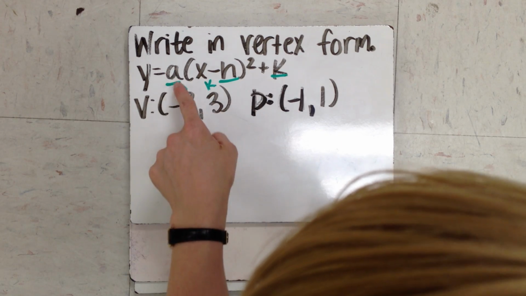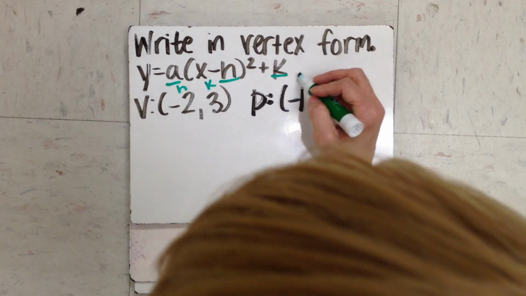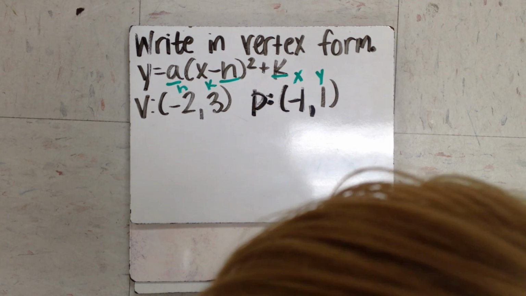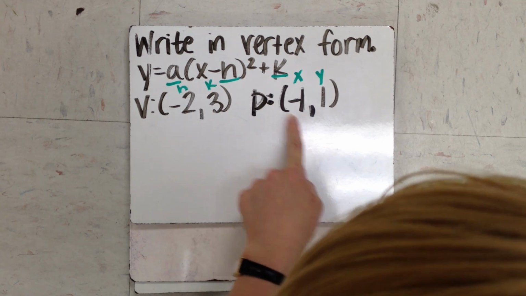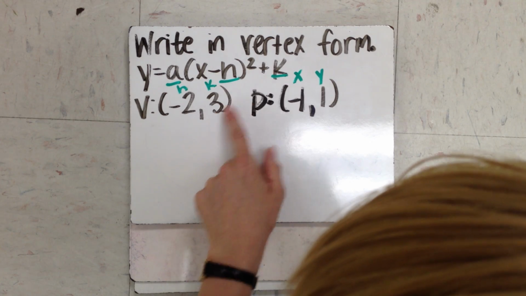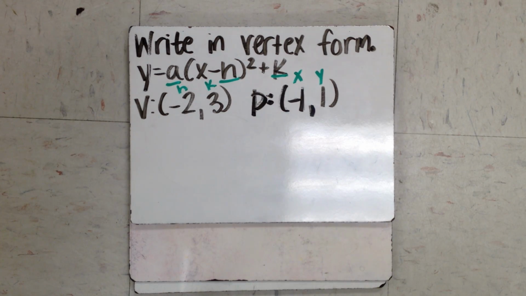Now we don't know a here, but we do know an x value and a y value because we're given that point. So we're going to be substituting in -1 for x and 1 for y, -2 for h, 3 for k. And then we'll be left with solving for a. So let's take a look at that.